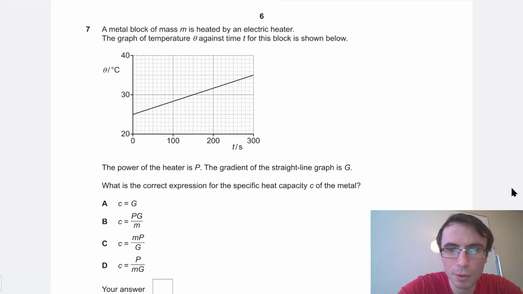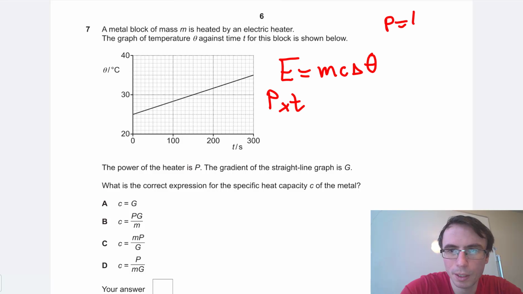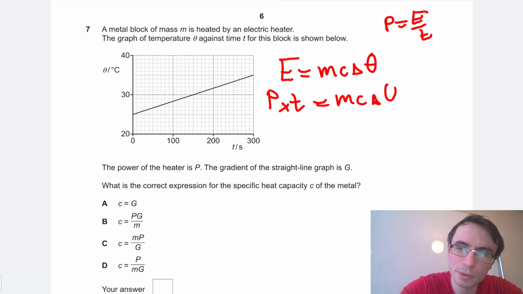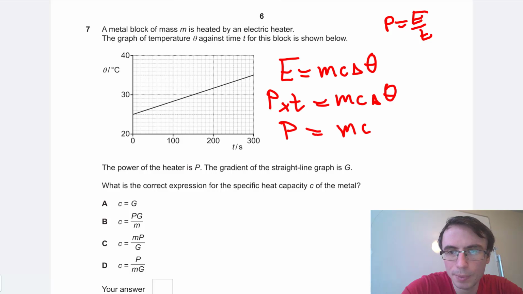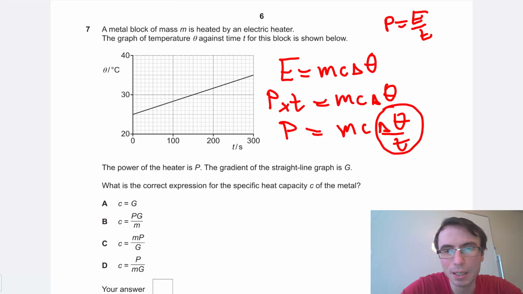Okay, so energy is equal to mc delta theta. Energy is power times time, because power is energy over time. So if we arrange that, power is equal to mc delta theta divided by time, but this quantity here is my gradient.